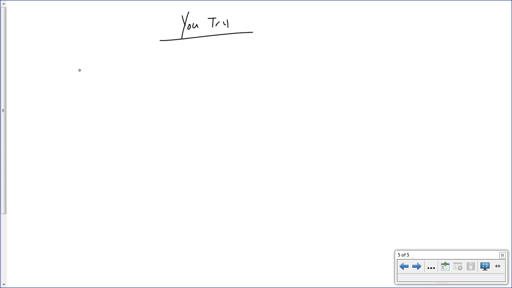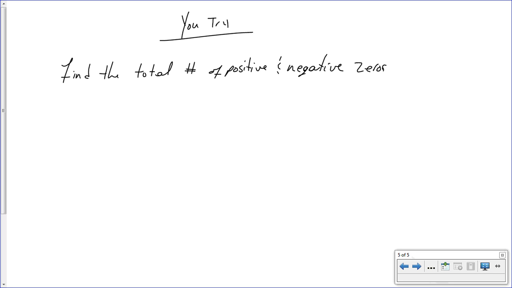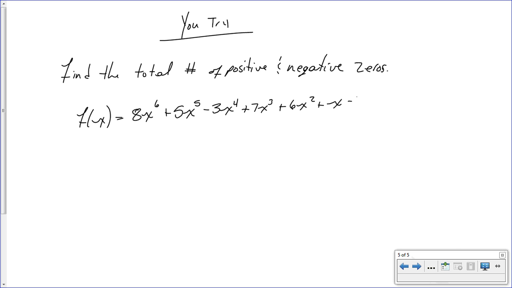U try. Find the total number of positive and negative zeros. f of x equals 8x to the 6th plus 5x to the 5th minus 3x to the 4th plus 7x cubed plus 6x squared plus x minus 27.